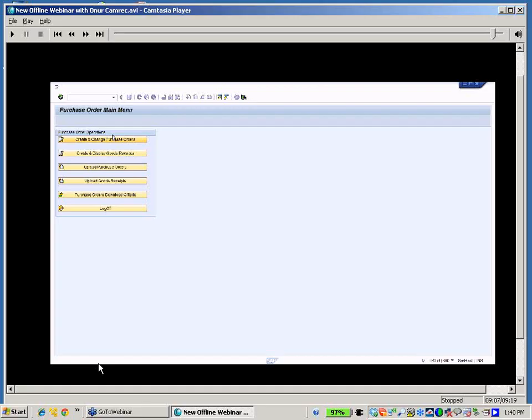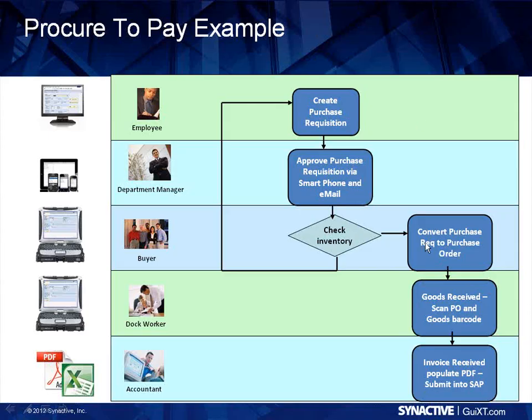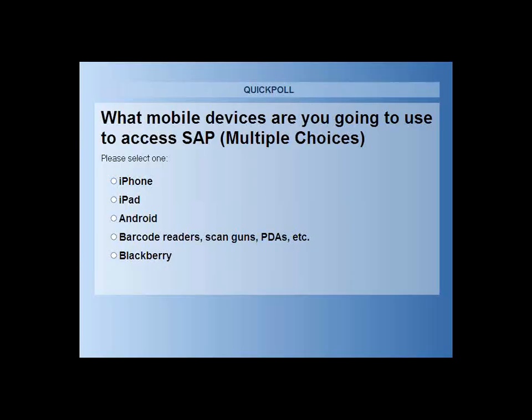Okay, thanks, Tony. So before we get into the architecture slide, I have another poll question here for you. Let's bring that up. And the question is, what mobile devices are you going to use to access SAP? Okay, here we go. So please choose.